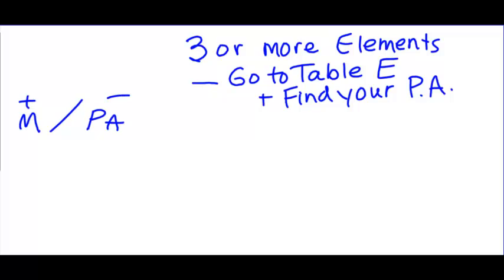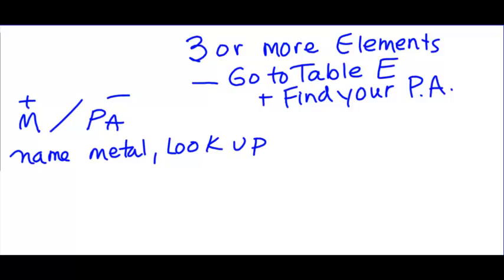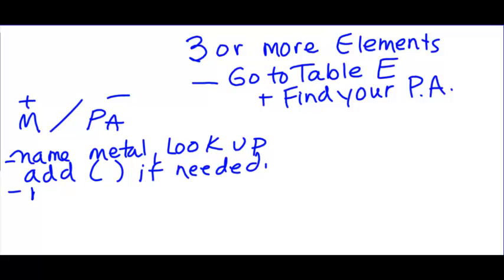Now, when this situation occurs, it's a metal, right? You name your metal, then you got to look it up, just like before. Add the parentheses if you need them. Then you name your polyatomic.